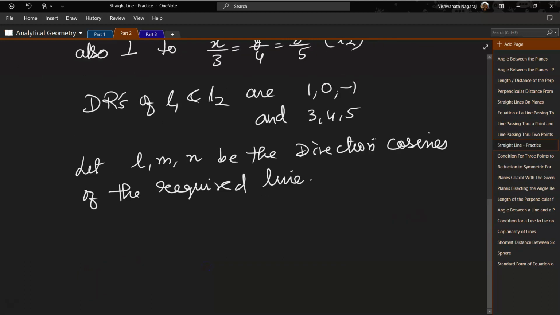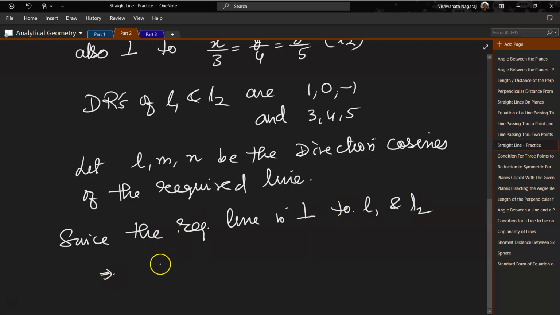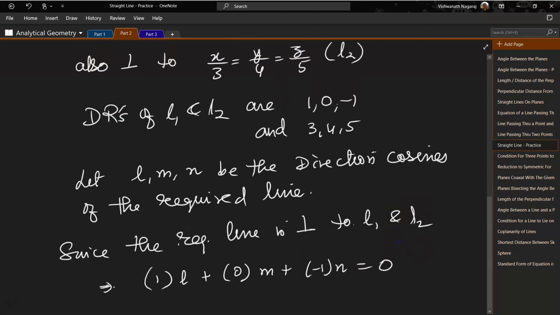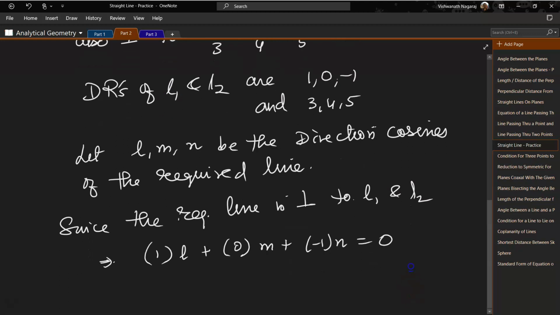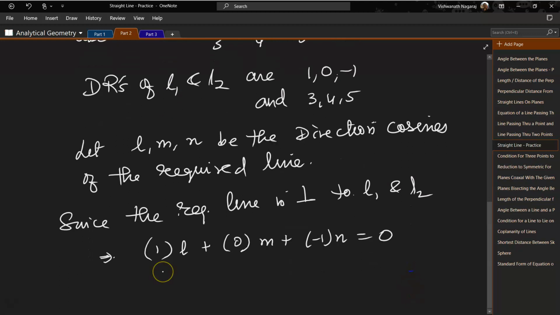Since the required line is perpendicular to L1 and L2, that implies 1 times L plus 0 times M plus minus 1 times N is equal to 0. What we have done is multiply the DRs of L1 with the direction cosines and sum it up, and that summation will give you 0.